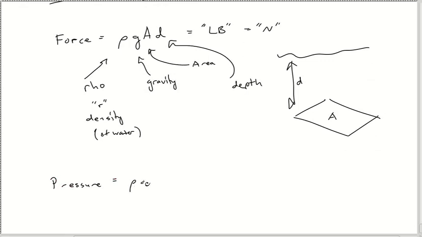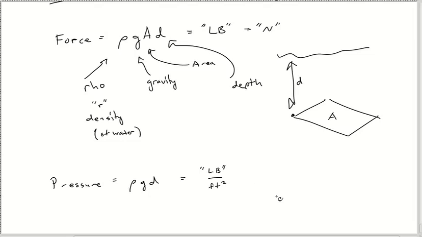Which is rho G D. And again, this is going to be done in pounds per square foot or something like that. That's a common measurement. What's going on is that we're removing the A part. Just remove the A and consider it kind of like a point.